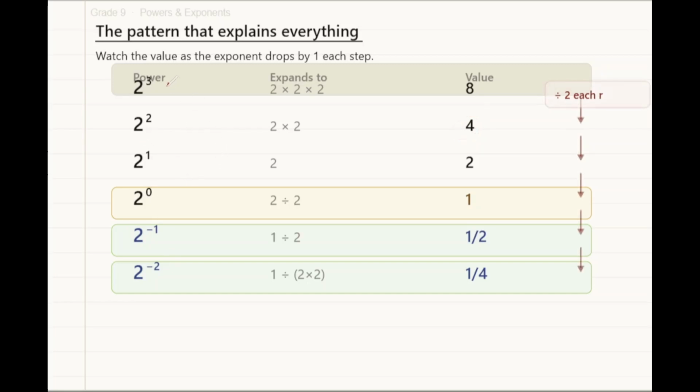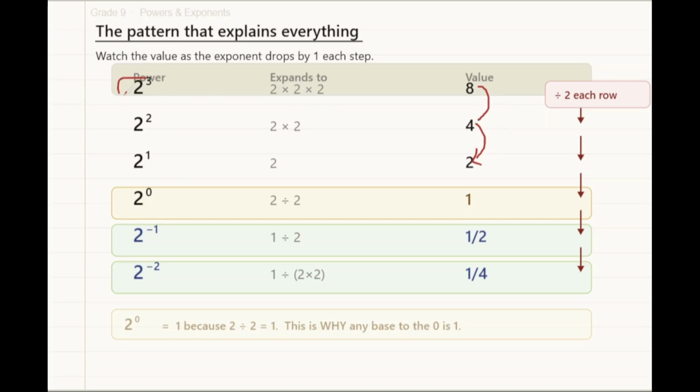Each time we go down one row, the exponent drops by 1. And what happens to the value? If you see 8, 4, 2, when you go down by one row, the number is divided by 2, which is the base here. So 2 is the base, so you divide by 2. So 8 divided by 2, you get 4. 4 divided by 2, you get 2.